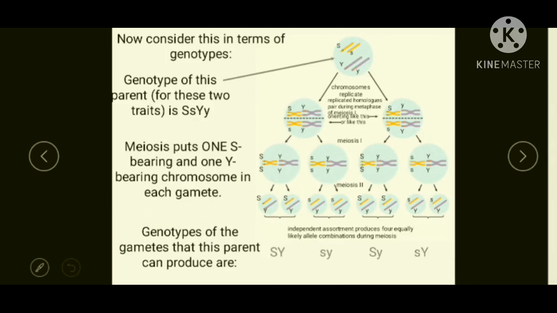Now consider it in terms of genotype. The genotype of this parent for these two traits is what? Ss and Yy. It is not homozygous, it is heterozygous. Here, meiosis puts one S-bearing and one Y-bearing chromosome in each gamete.